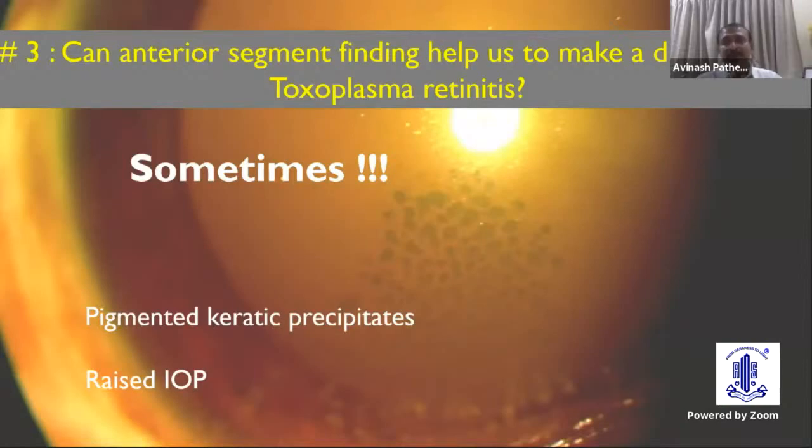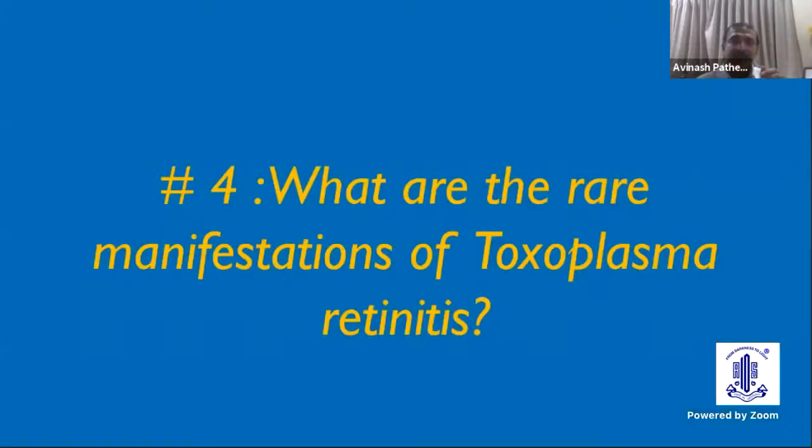So the corroboration could be: if one sees a unifocal necrotizing retinitis, pigmented keratic precipitates anteriorly and raised intraocular pressure, and we have a logical thought process aligned to it and corroborate all three of them, then it might make sense. So that's how an anterior segment finding can help us make a diagnosis of toxoplasma retinitis.